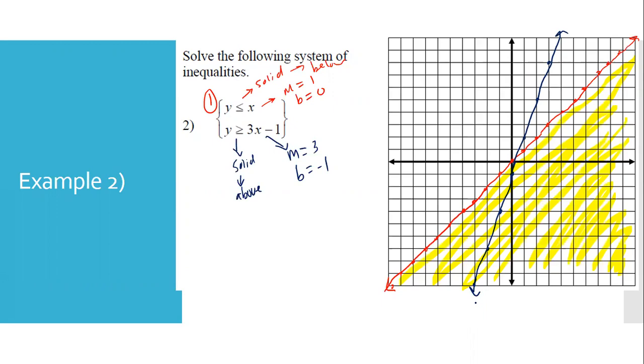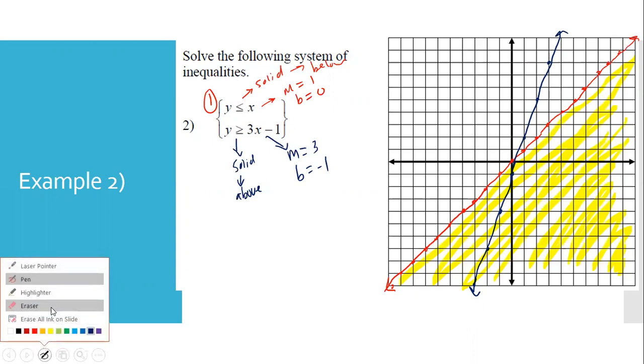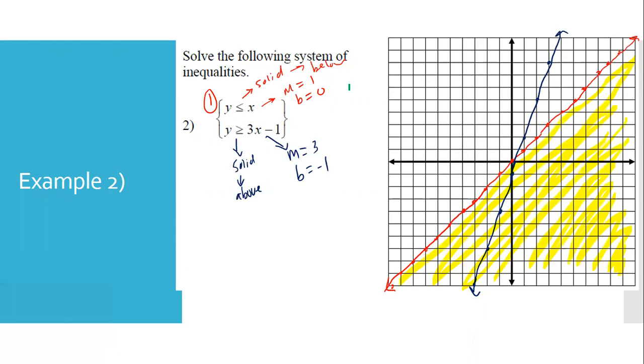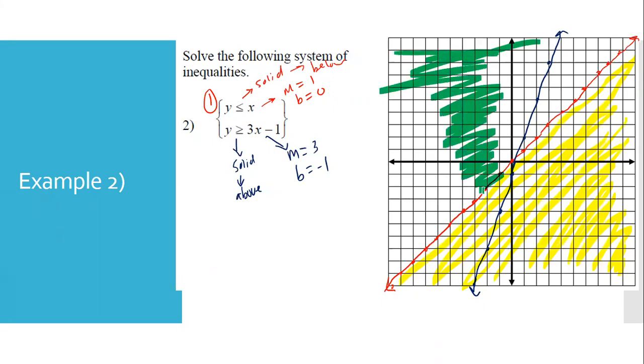This time it says that I'm going to shade above. I'm going to choose a different color. If you're hesitant on where to shade, choose a point to the left or to the right and test it. I'll show you what I mean in a second.